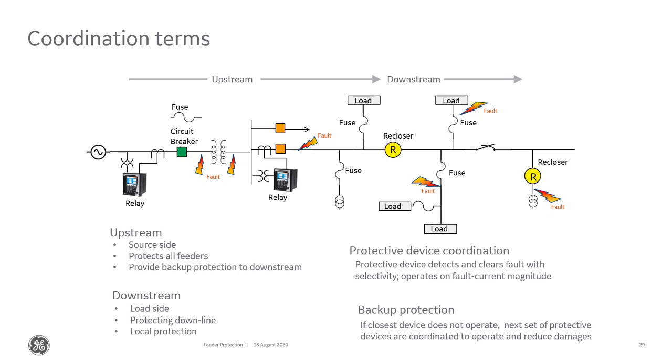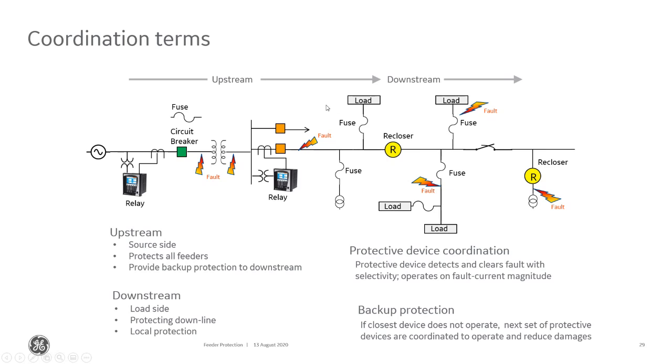So if we do have a fault, for example, on this recloser to the right, in that section, we want the main recloser to coordinate with that right recloser so that it allows the recloser on the right to trip first before it trips.